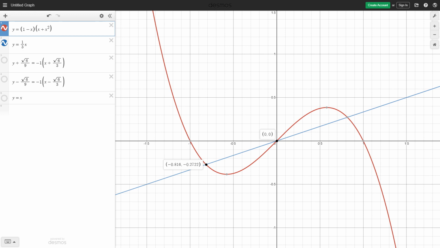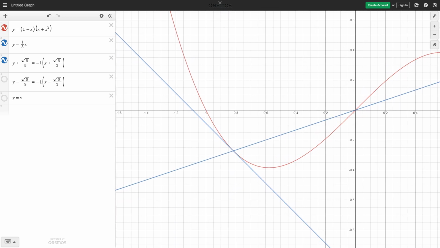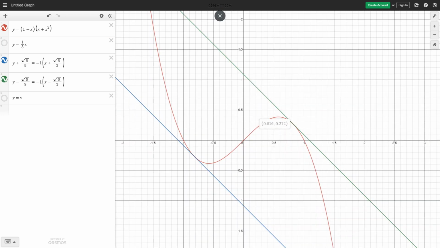Anyways, so what did we do exactly? In part A, we found those 3 points. And in part B, we showed that this is the tangent to the curve at point M, and we showed that it is parallel to the green line.